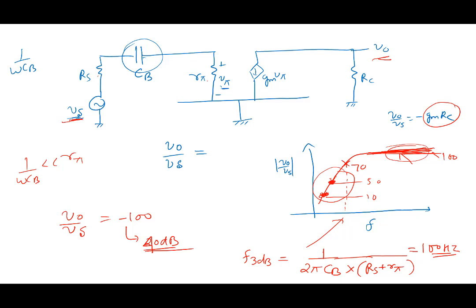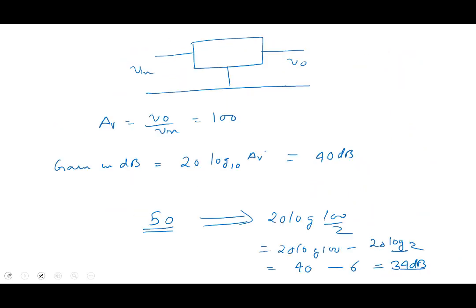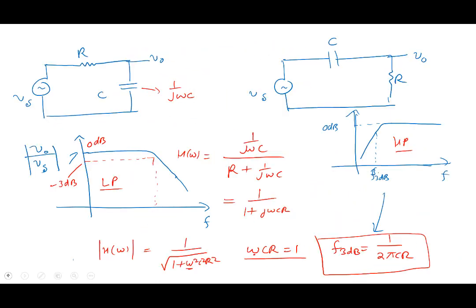Now if I operate it at this point here, will I still get a 180 degree phase shift? So that gets back to the previous case. Let's get back here. In this case, what is V0 by Vs?